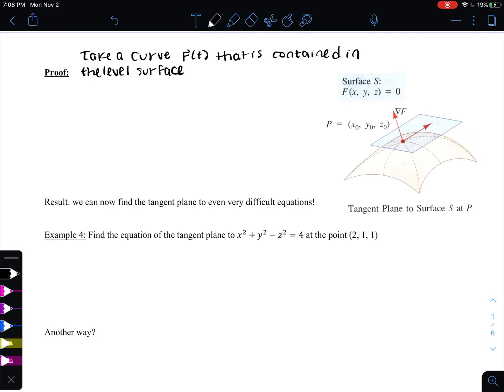And here we have some kind of function, we'll call it w. So we're going to have w equals c, where w is a surface.